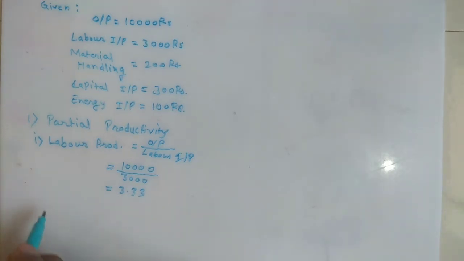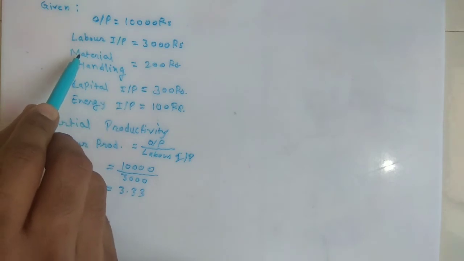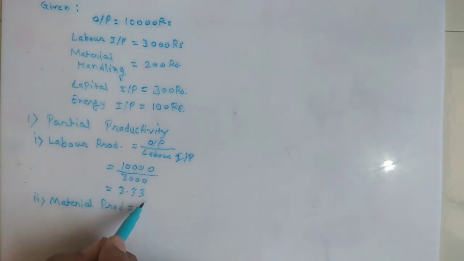Okay, next one, the second one we calculate is the material productivity. Again it is given by total output divided by material input.